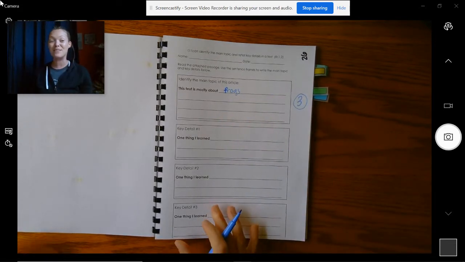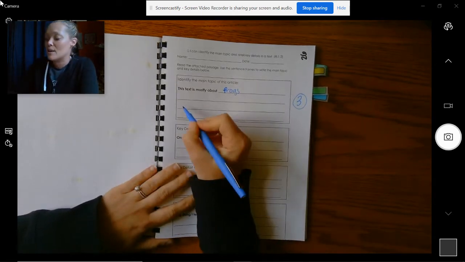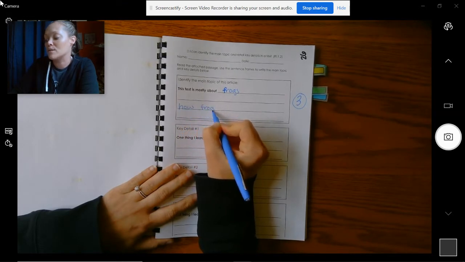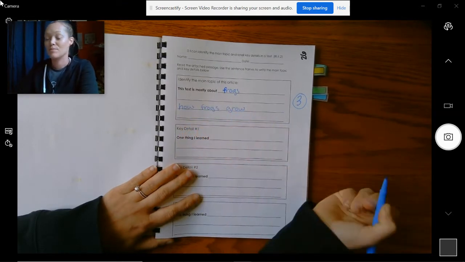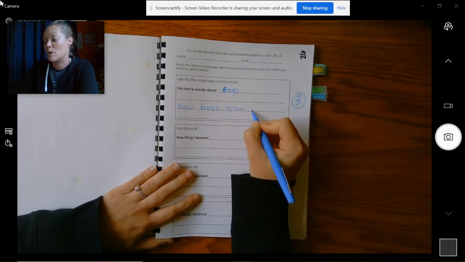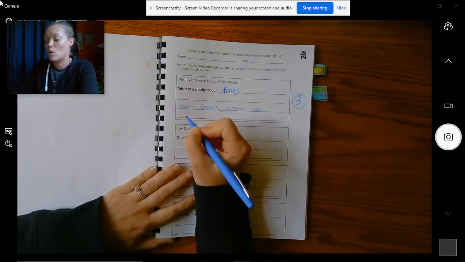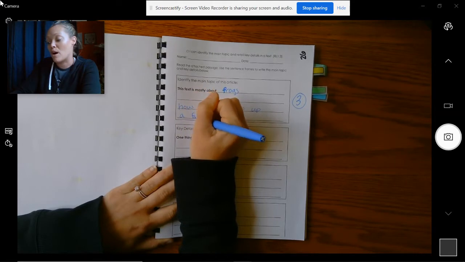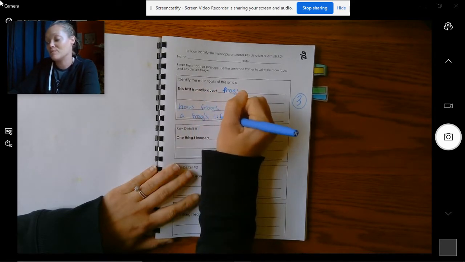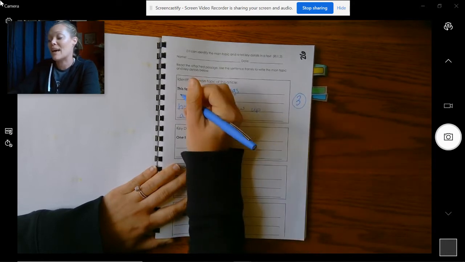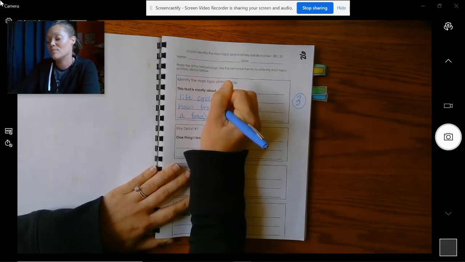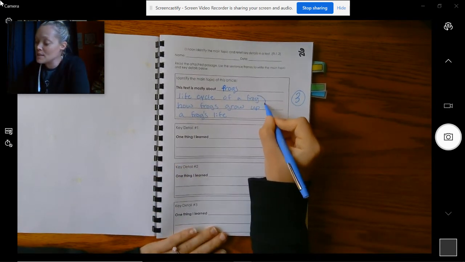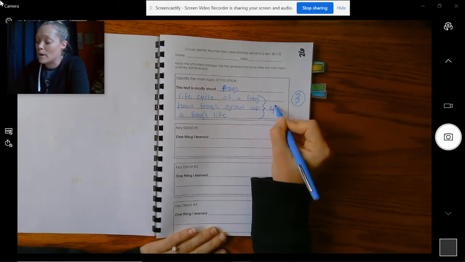If you said something a little more specific, like you said this text is mostly about how frogs grow, or how frogs grow up, or if you said this text is mostly about a frog's life, or if you said the life cycle of a frog, these ones here would be a 4.